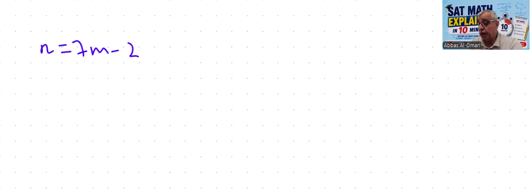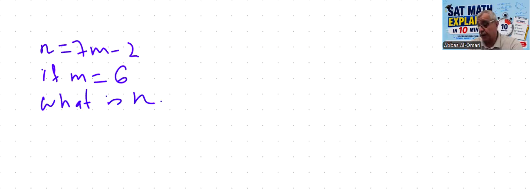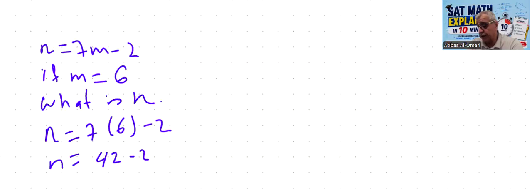So if m equals 6, what's n? This is straightforward. The problem was just substitute. So n equals 7, m is 6, minus 2. So that's 42 minus 2. So n equals 40. That's a very simple question.